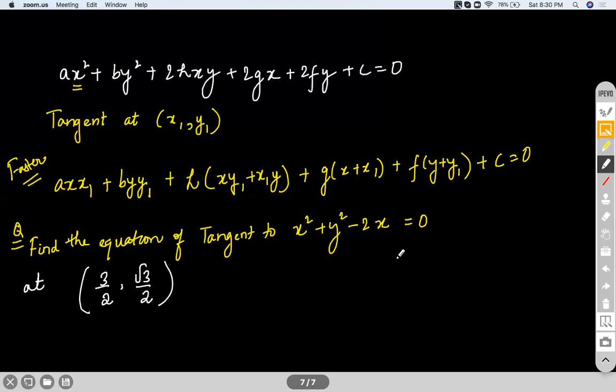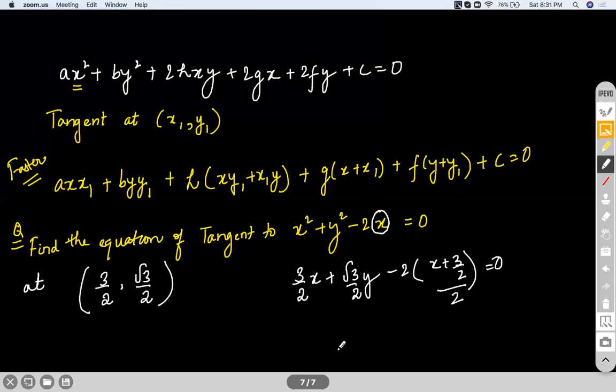So then it's just 3 by 2 x plus root 3 by 2 y, plus, minus... wait, this x got replaced with (x plus x1) by 2.